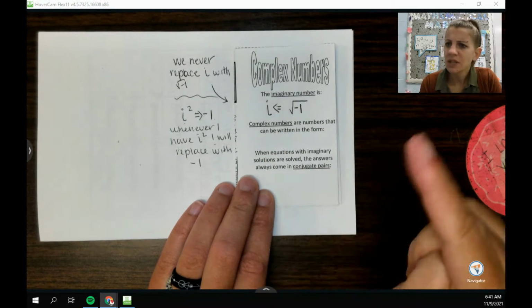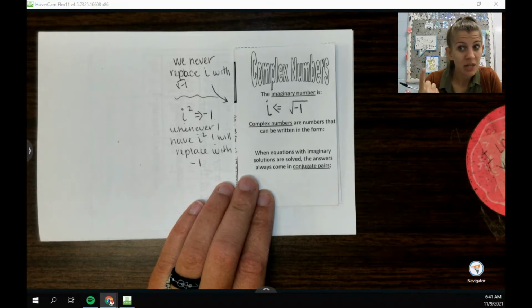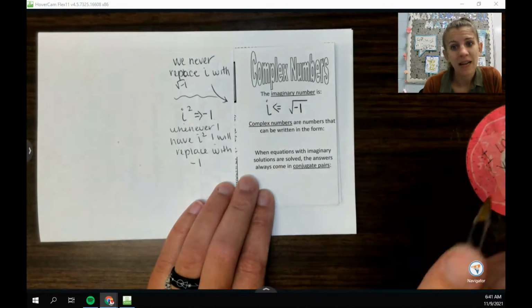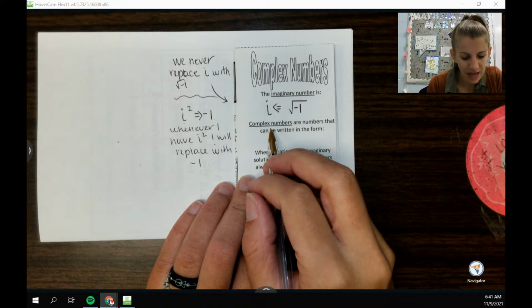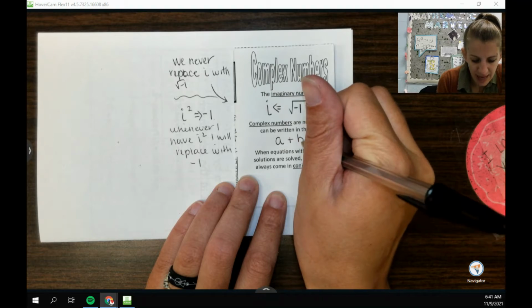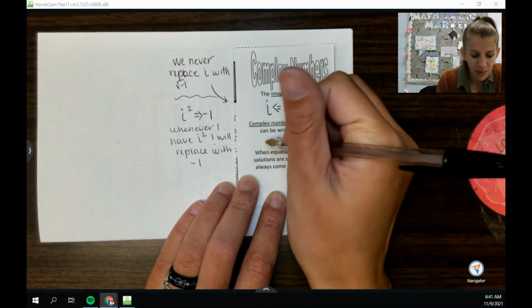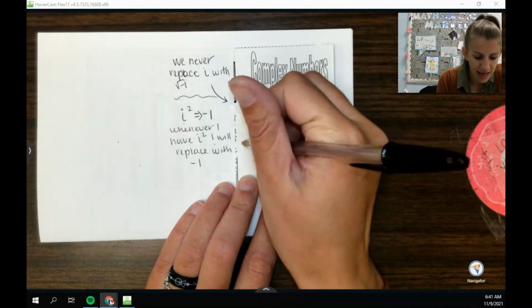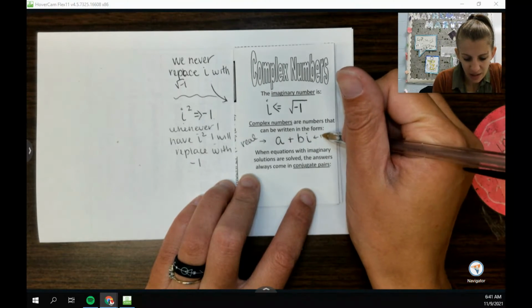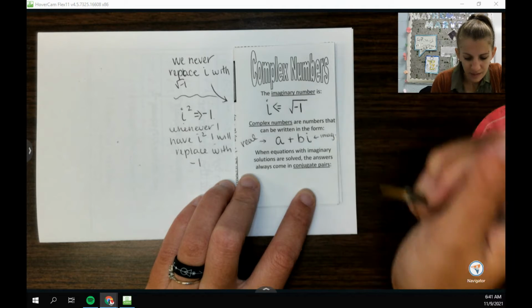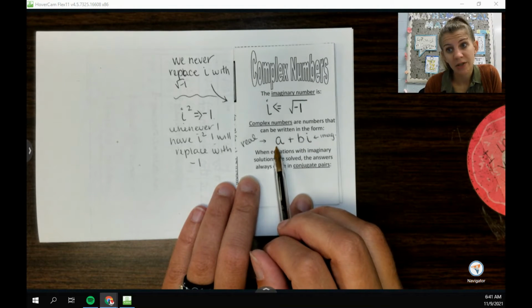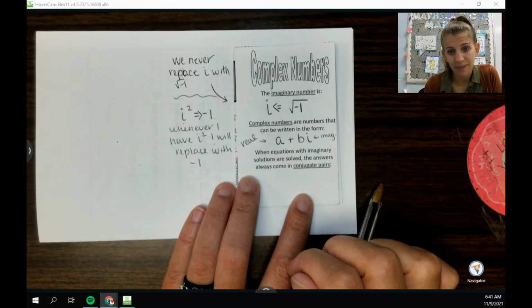So once you bring imaginary numbers into the equation, if you have real stuff and imaginary stuff, you have what's called a complex number. So for example, something like a plus bi would be complex because a is real and bi is imaginary. Okay, and we always want to put the real part first, imaginary part second.